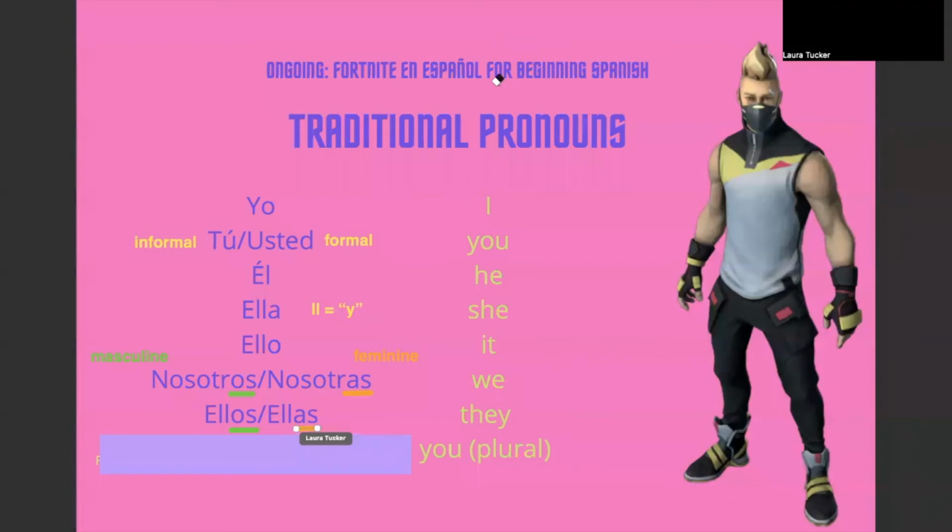And then our last one is ustedes, and that just means you, it's plural, so kind of like you all. Ustedes. Okay, so these are all of our traditional pronouns here in Spanish. There are a few more, but these are the most important ones. So these are the ones we're going to focus on in our time together.